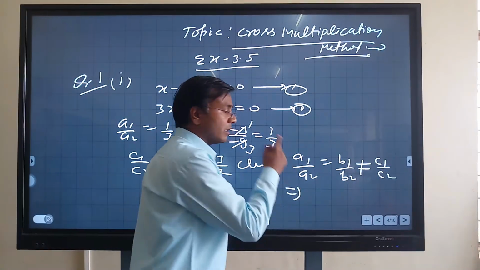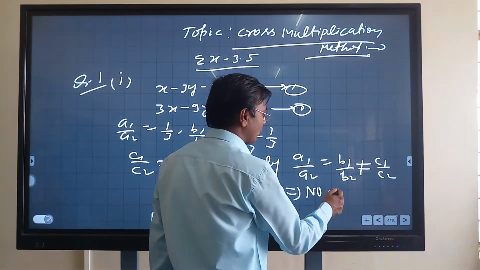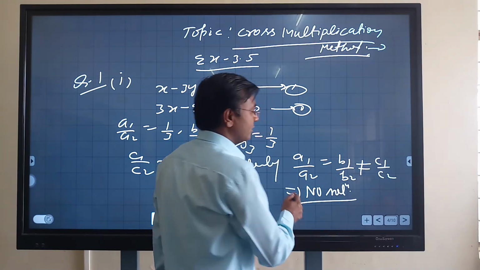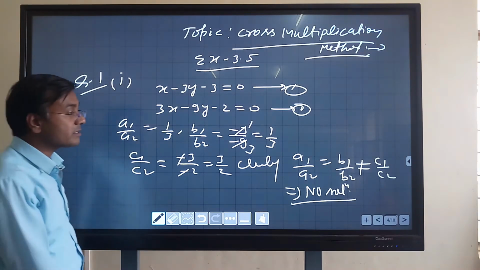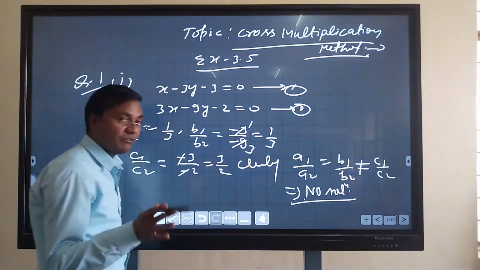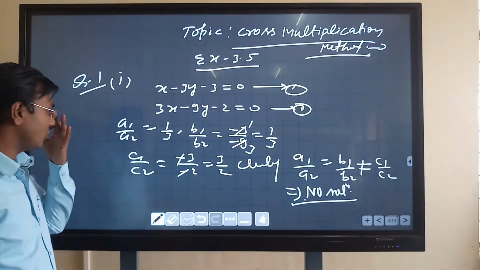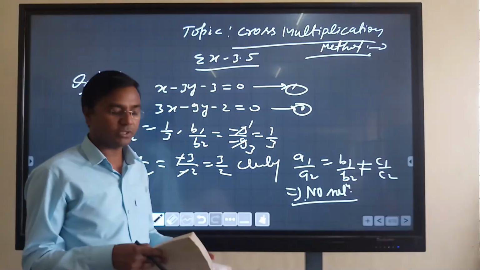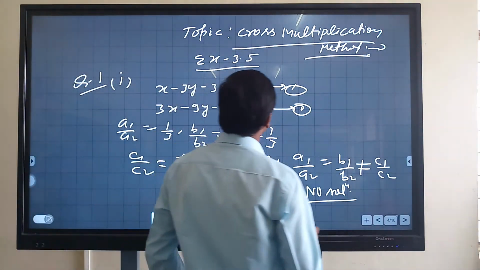Recall the condition: if this happens then there is no solution. So we do not need to solve the question further, because by rule there is no solution. Even if you try to solve the equations, you won't get any solution. Clear?